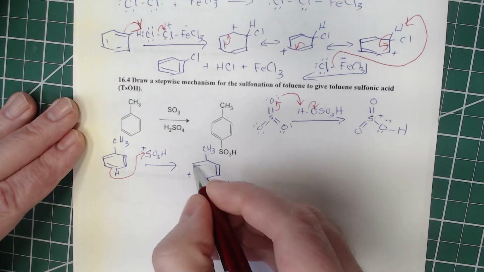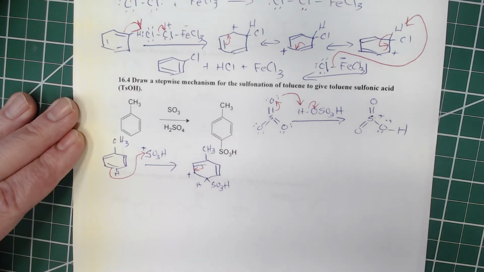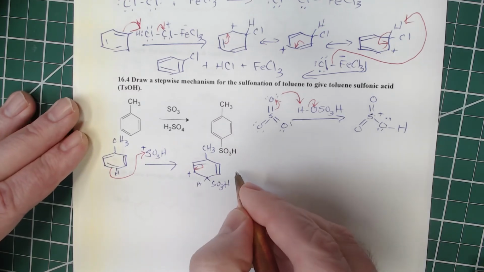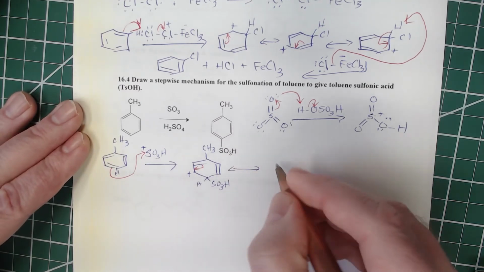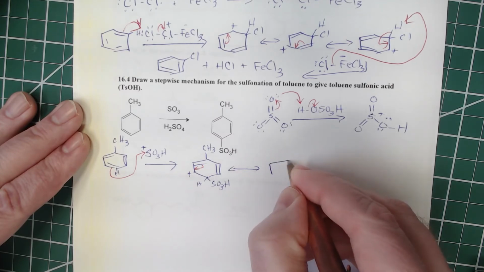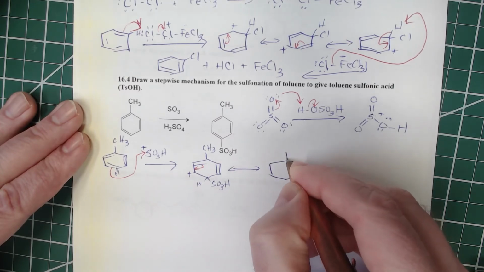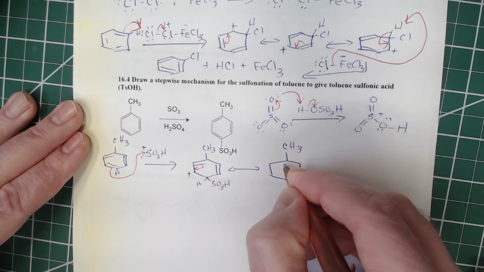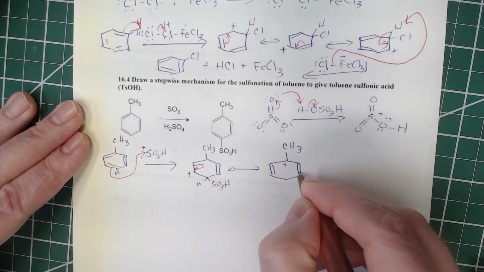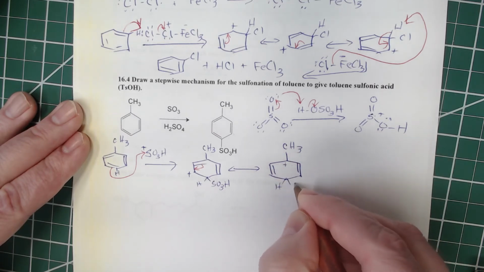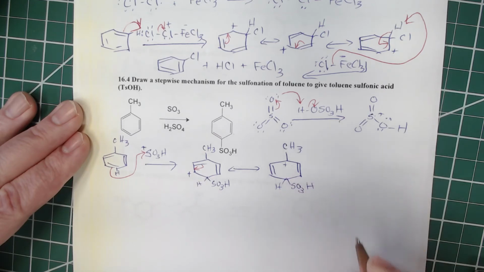So we'll start by moving this pair of electrons. All right, and then we've got one more resonance structure.